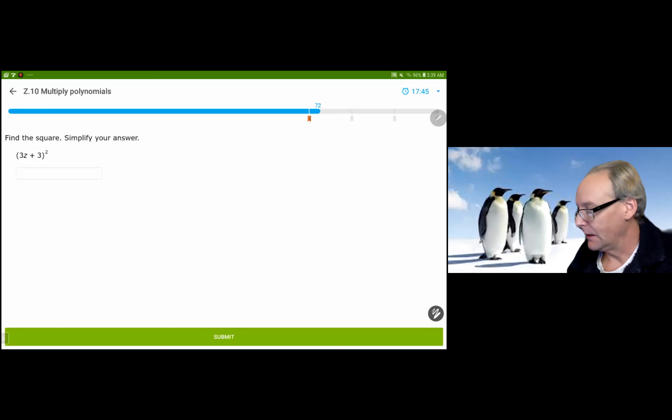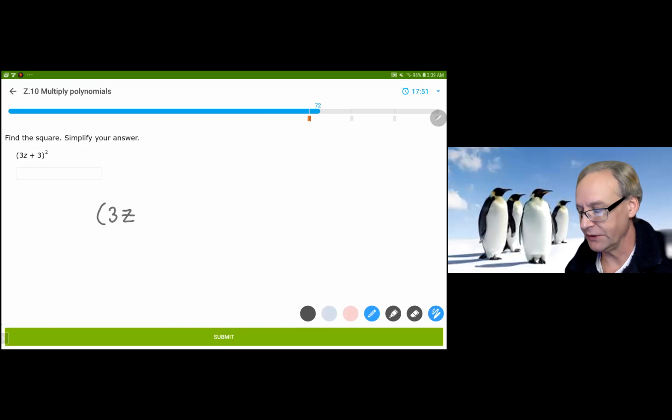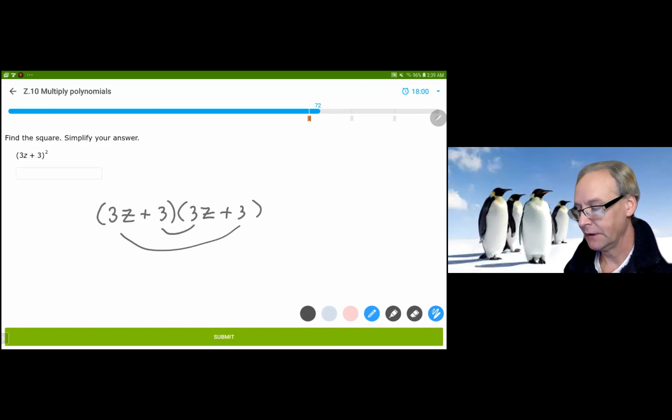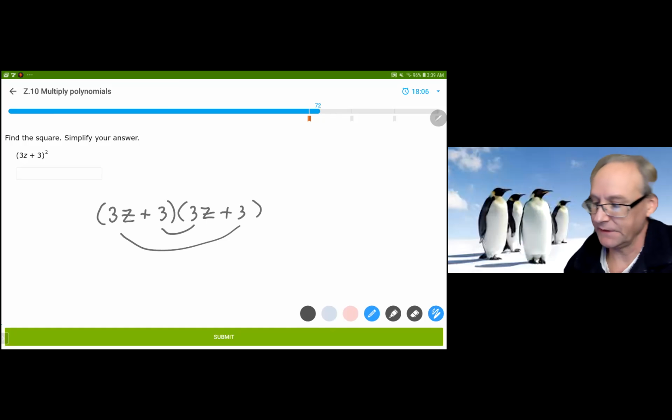Anyway, one rule that you can memorize is that when you square binomials, you always get a middle term. And remember, the middle term is always going to be double the product of the 9z and the 9z. So my middle term is going to be the 18z, isn't it?